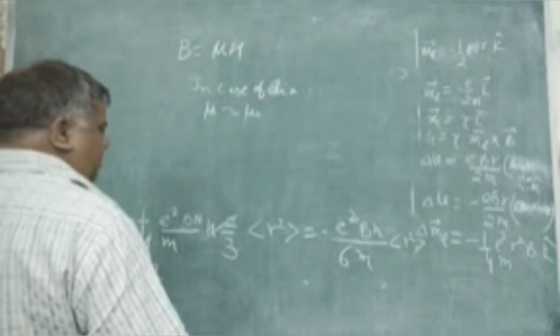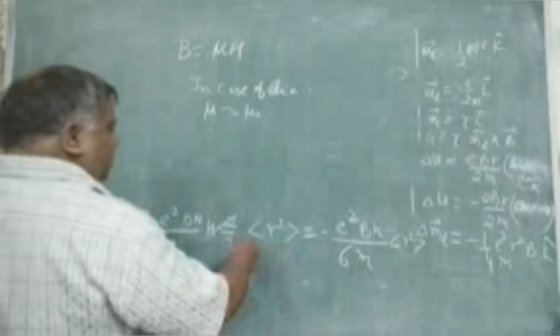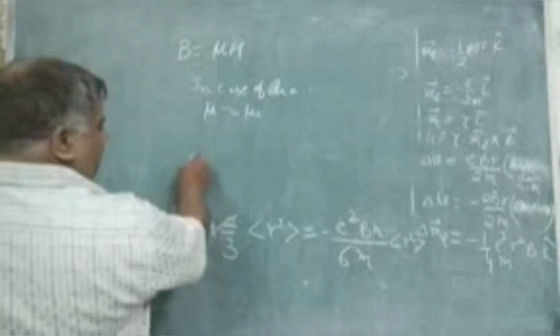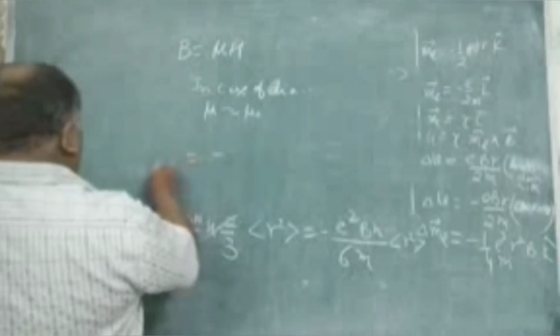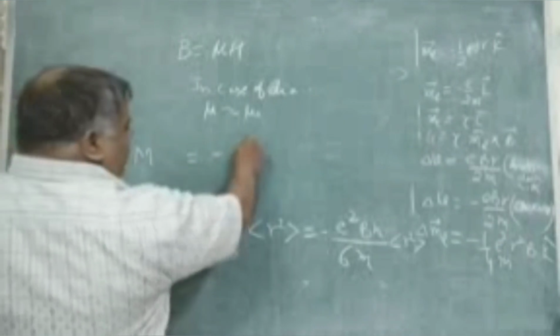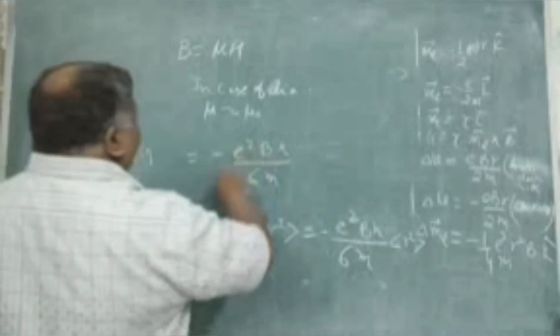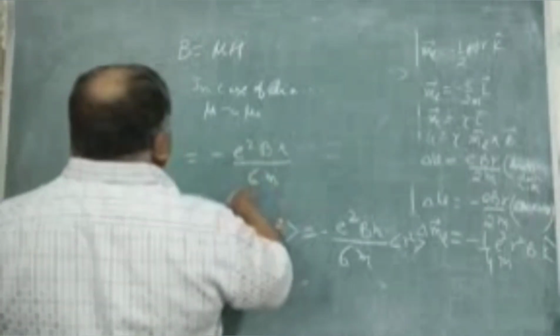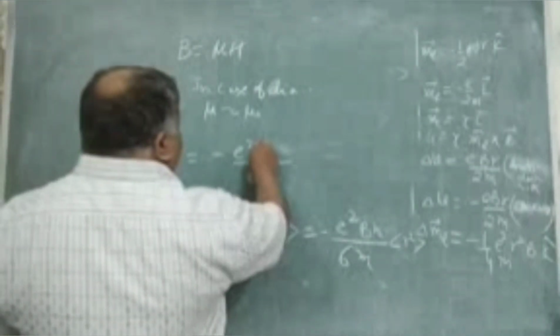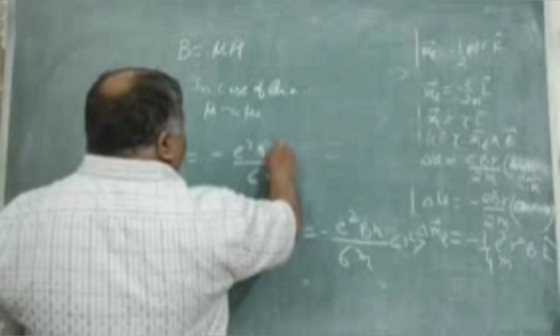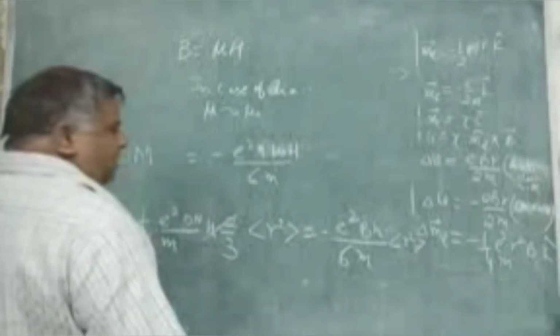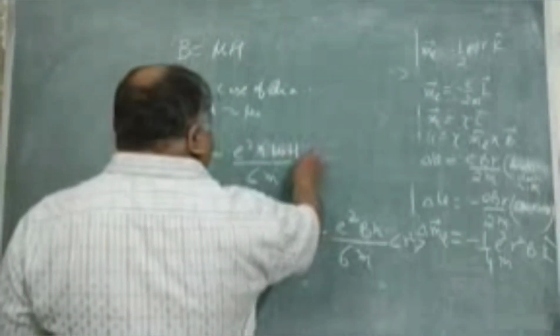So let us put it here: M equal to minus e square B n R square over 6m, and B equal to mu H. So let us replace this by mu naught H and this R square.